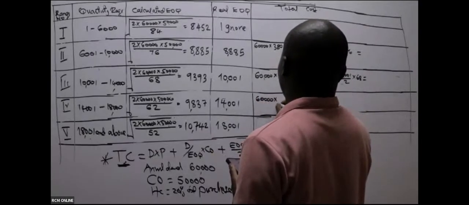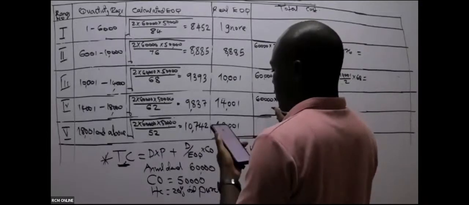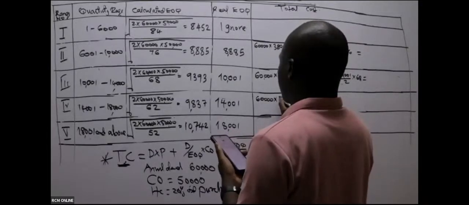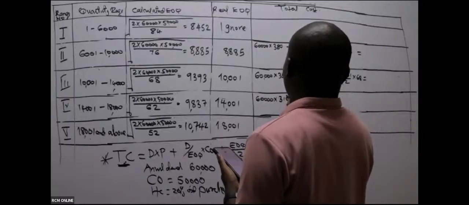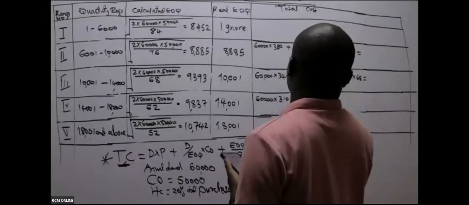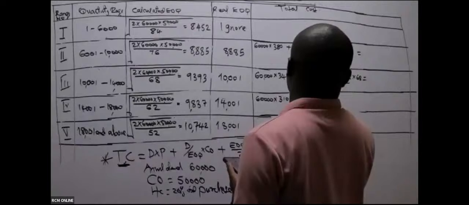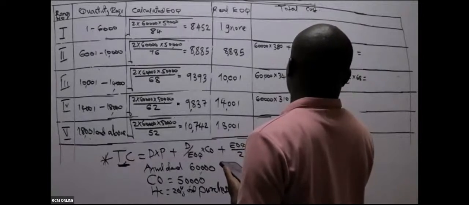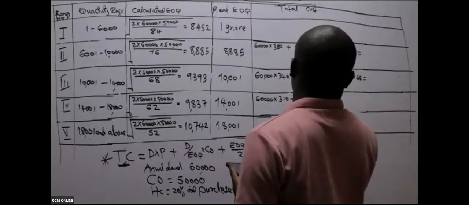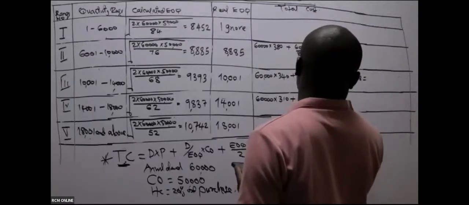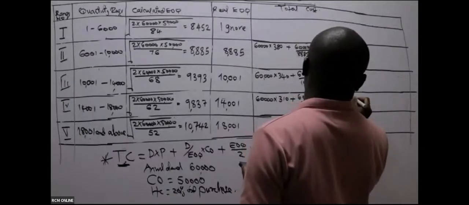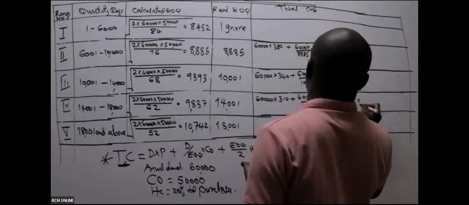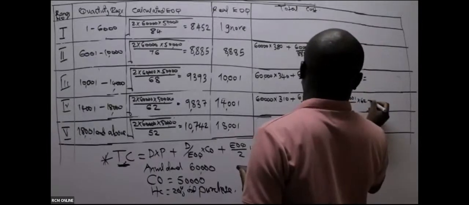60,000 times purchase price, we have 10 plus 60,000 divided by 40% times 62.